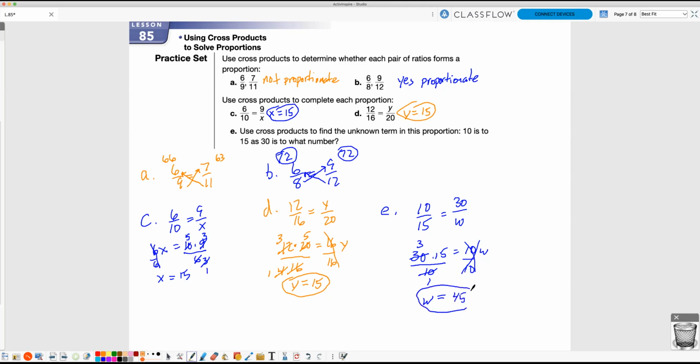So W equals 45 in this case. So the cross product ends up being 10 is to 15 as 30 is to 45, or W, or whatever the unknown term in the proportion was: 45.